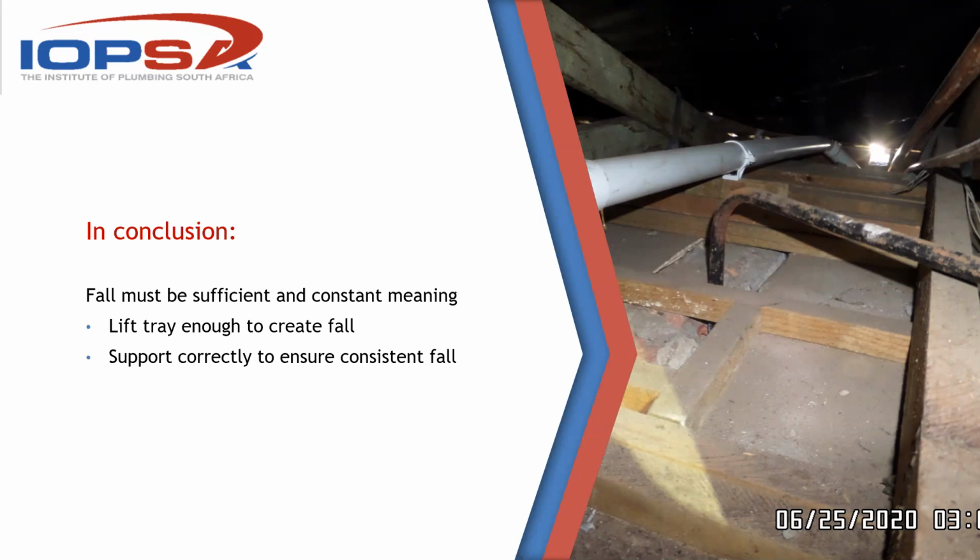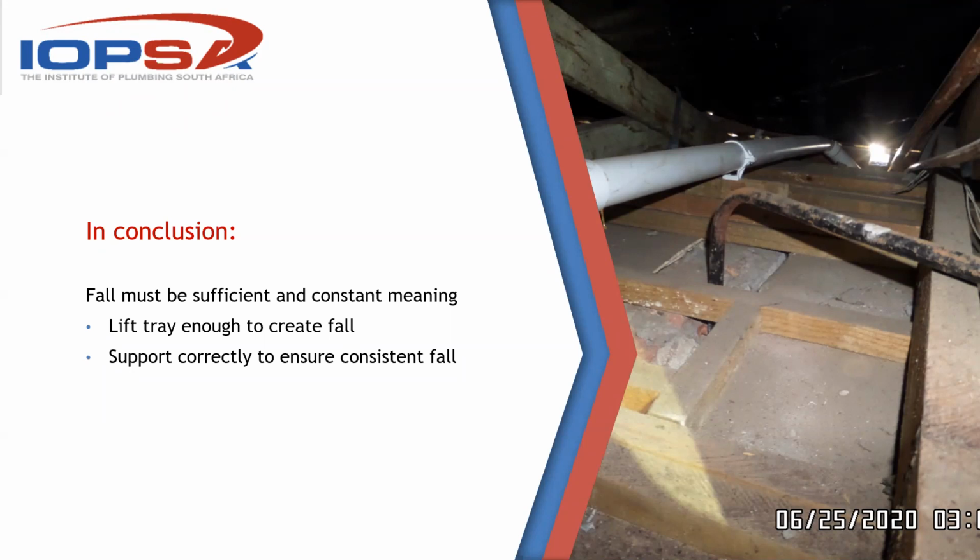I need to ensure that I lift the tray high enough so that I can create that fall. We've all seen installations where the tray is simply put back on a support structure that was there, with the result that the tray overflow pipe is now level. And I want to tell you that's not going to work at 40 liters a minute.